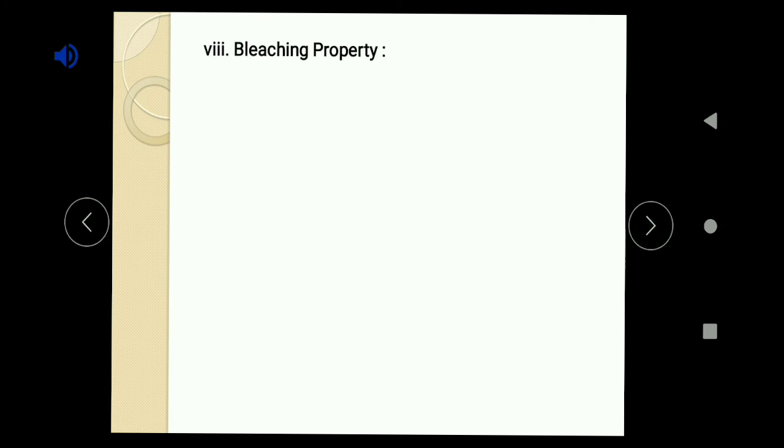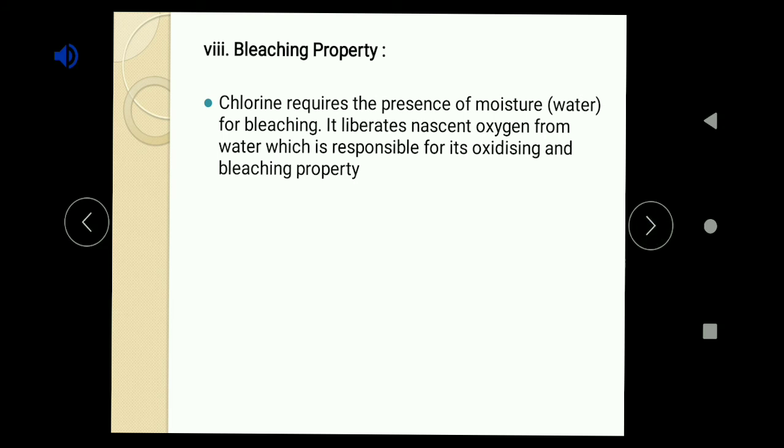Now, chlorine can also be used as a bleaching reagent. Bleaching, as I have told you in the previous session, means decolorization or removal of color. So, chlorine in presence of moisture acts as a bleaching agent.